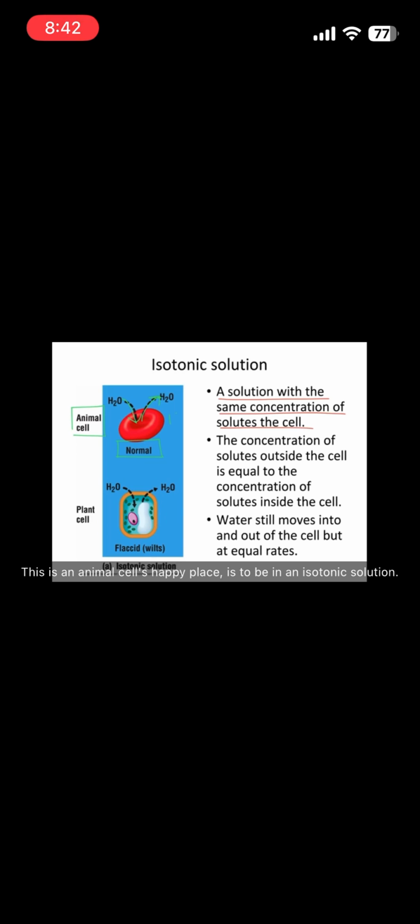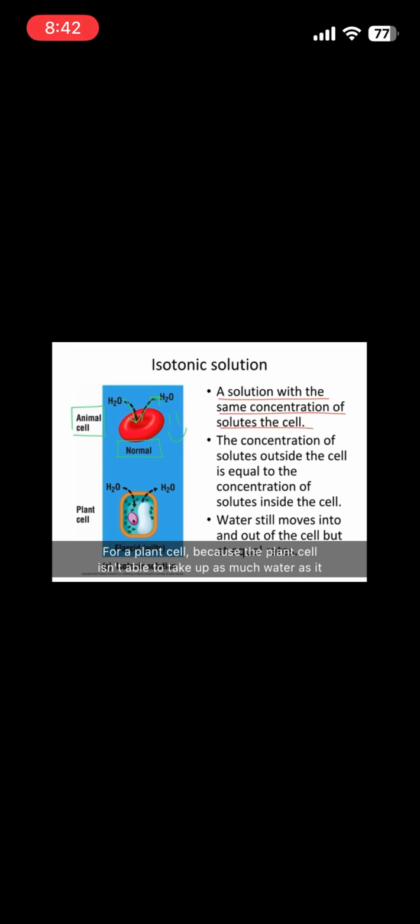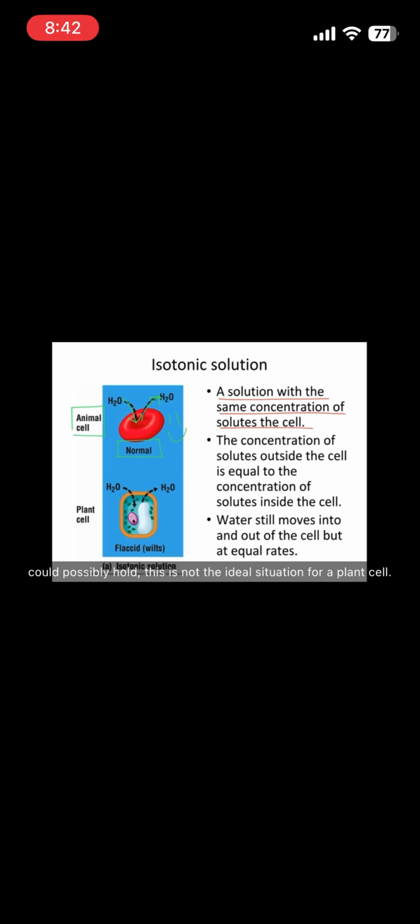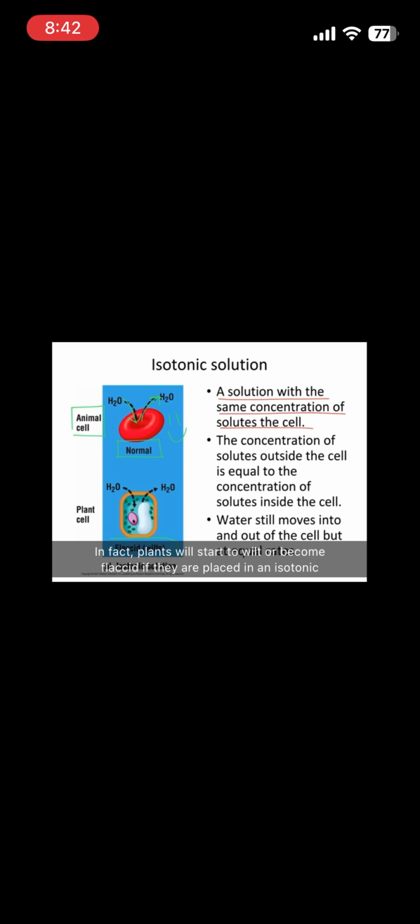This is an animal cell's happy place, to be in an isotonic solution. For a plant cell, because the plant cell isn't able to take up as much water as it could possibly hold, this is not the ideal situation for a plant cell. And in fact, plants will start to wilt or become flaccid if they are placed in an isotonic solution.